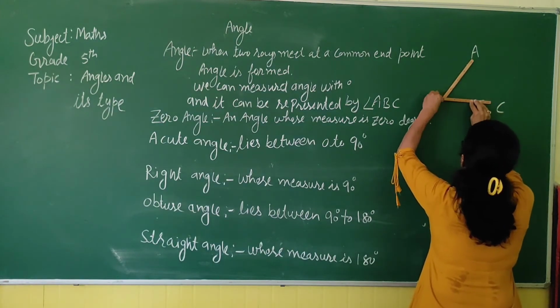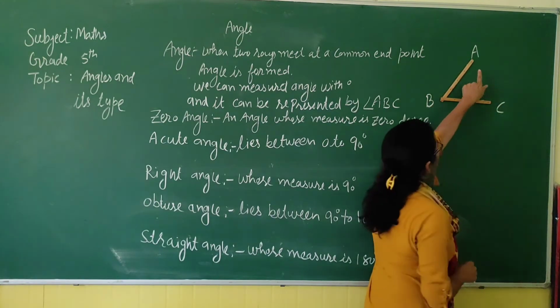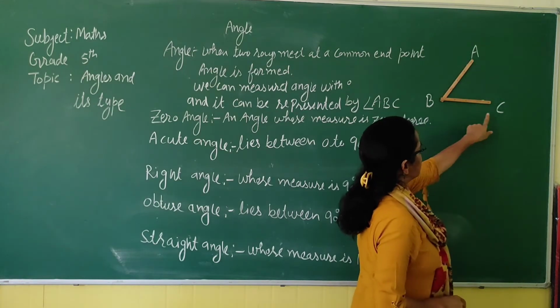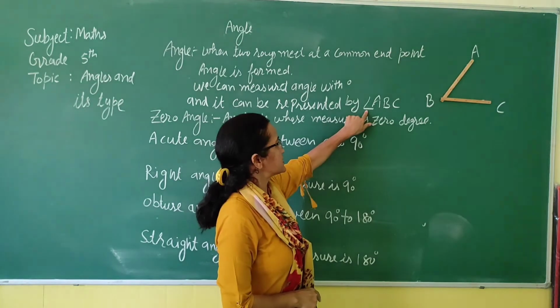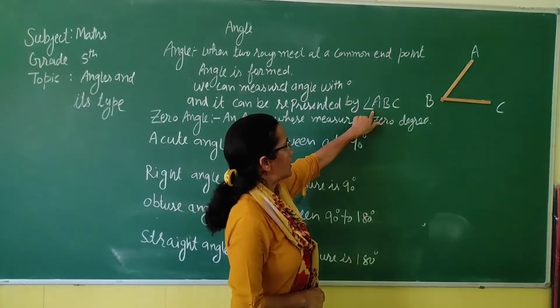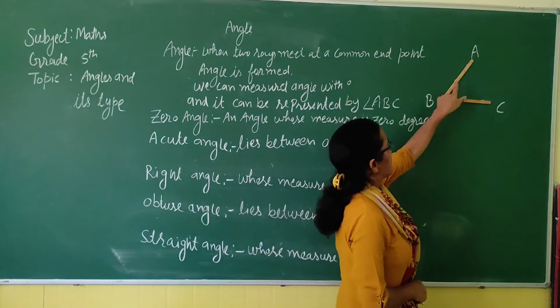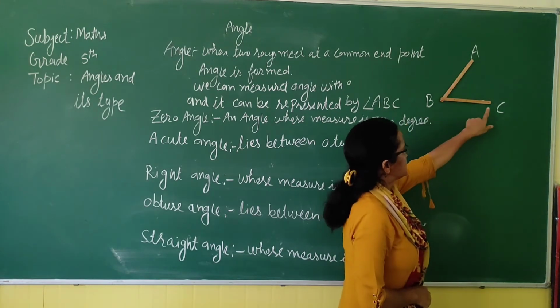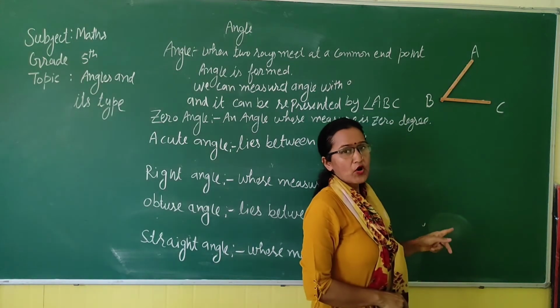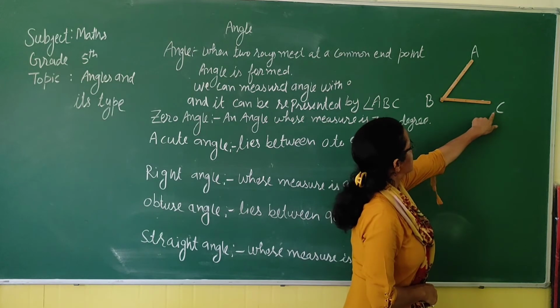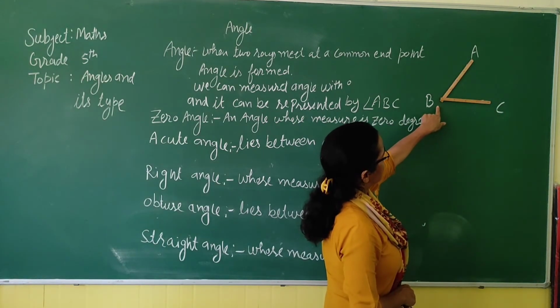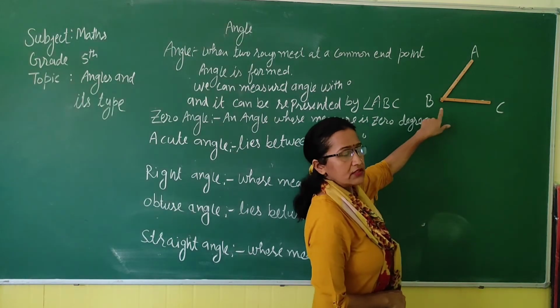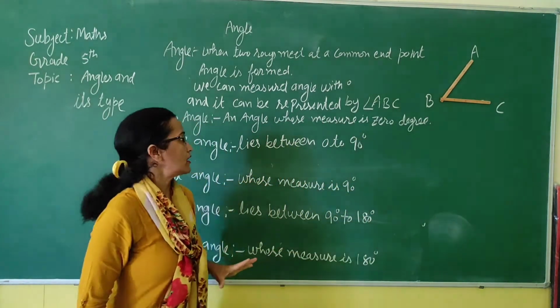We can represent an angle by angle ABC. This is the symbol of angles. Now read angle ABC. Another name of angle ABC is angle CBA, and we can also write angle B. These are the names of angles.